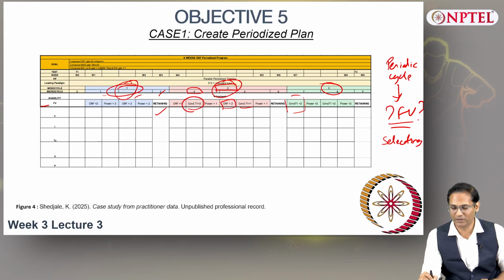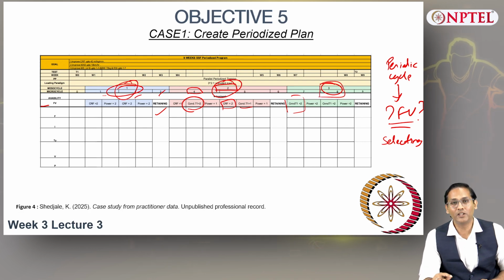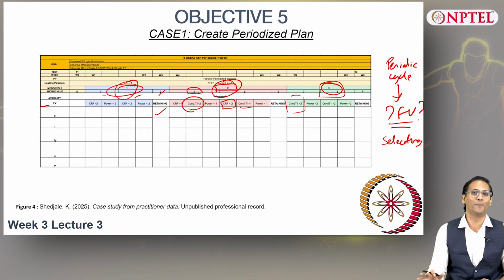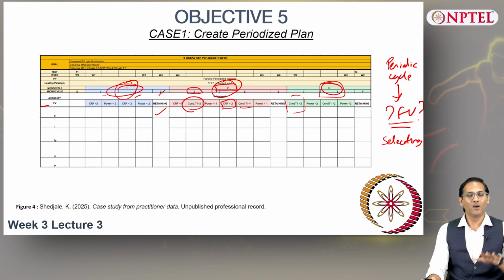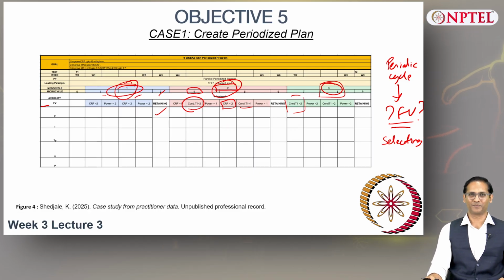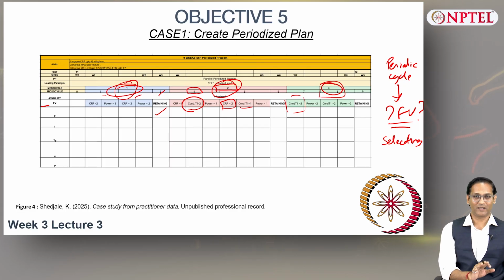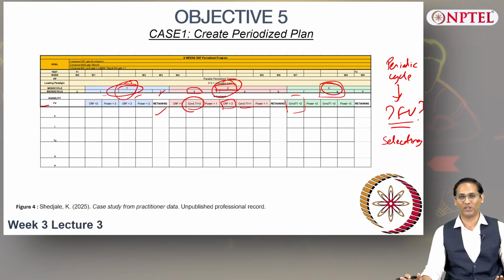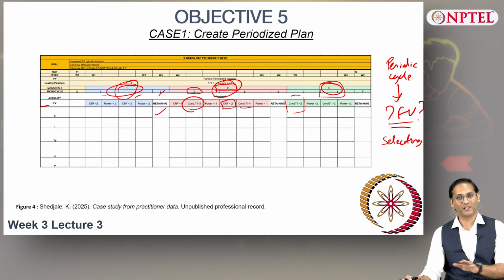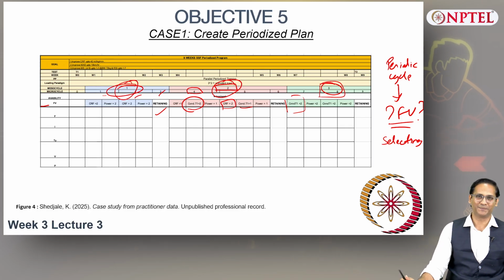In mesocycle 3, in the third block of the periodized cycle, the shift is completely to conditioning, because ultimately that is the entire aim for the given exerciser. This way you make sure that you convert the foundation fitness variable adaptation to the advanced fitness variable in a very progressive and balanced pattern.